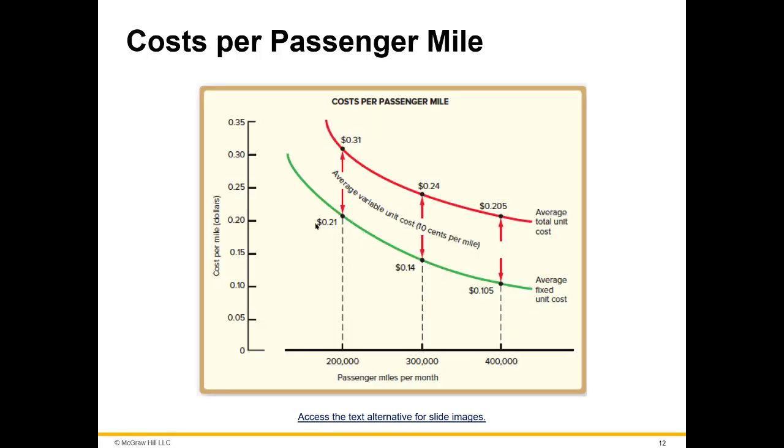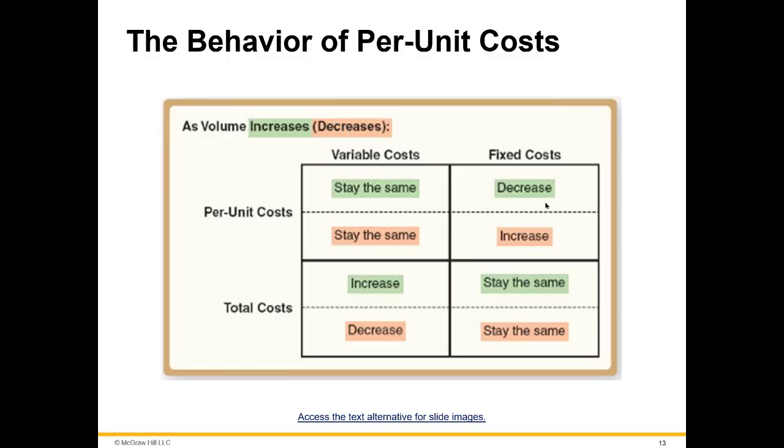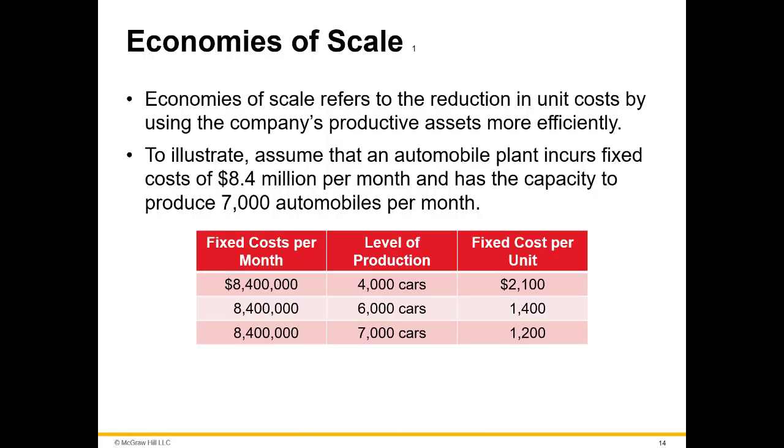So if we've gone this direction, we're going to see the per unit cost or cost per mile will increase, and that's here. But total cost stays the same regardless. So it's easy to get confused on what a change in volume will do. Okay, so that's something to think about and figure out.